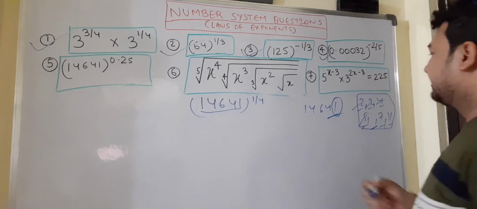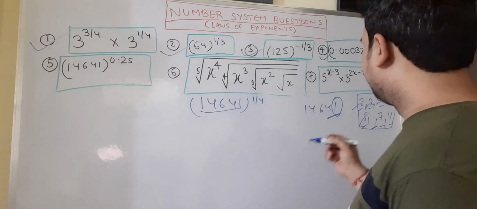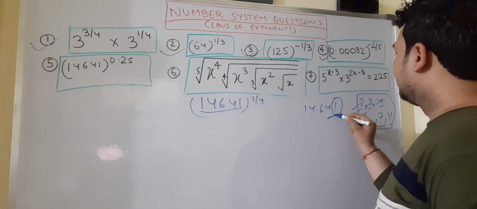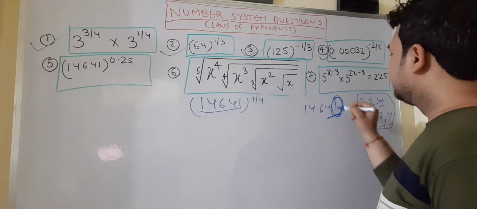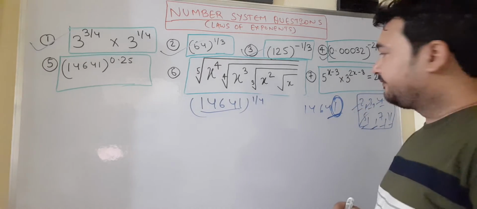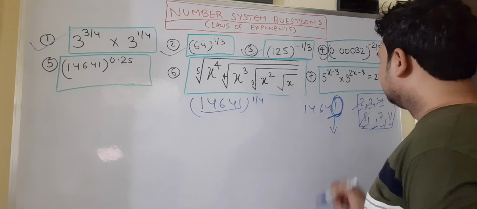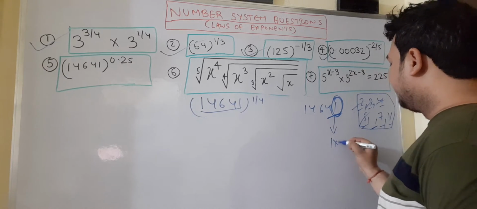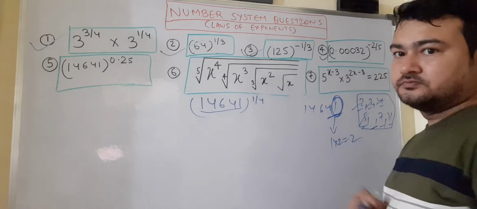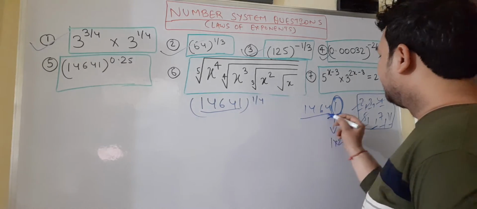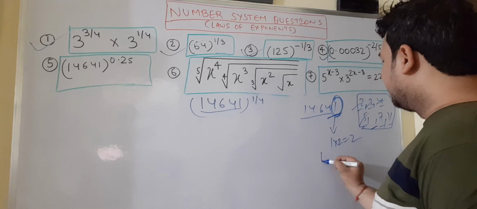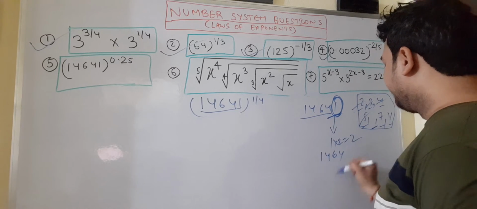So next is 7. The divisibility test for 7 says you take the last digit, the digit at ones place, twice it. 1 multiplied by 2 is 2. Take the remaining portion, that is 1, 4, 6, 4.